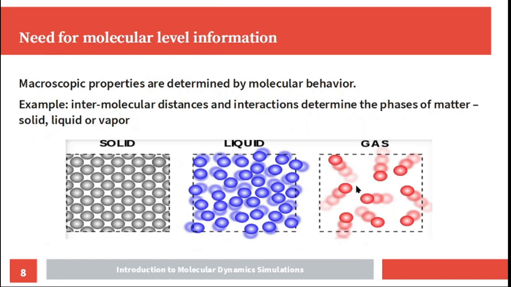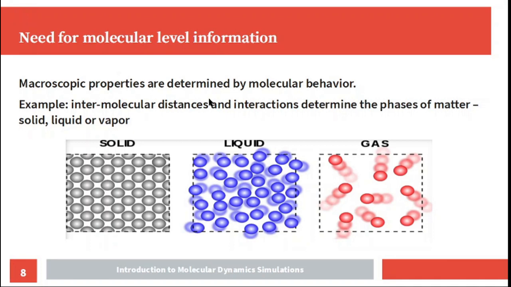So if you want to have simulations, we are in particular talking about molecular dynamics simulations. So then the question is, why do we need molecular level information? And the answer is, we all know that macroscopic properties are determined by molecular behavior. So for example, intermolecular distances and interactions determine the phases of matter.